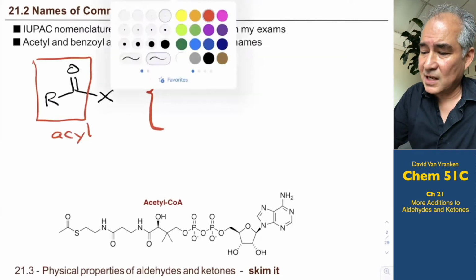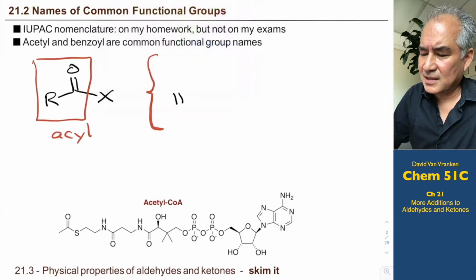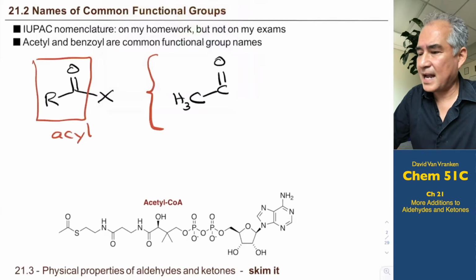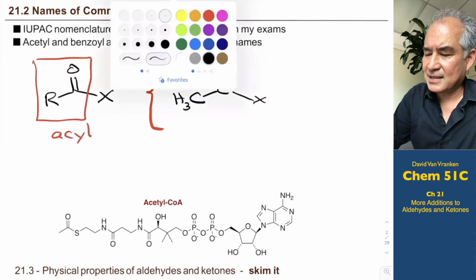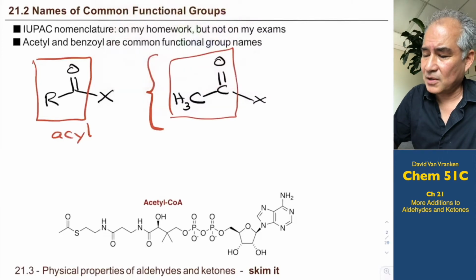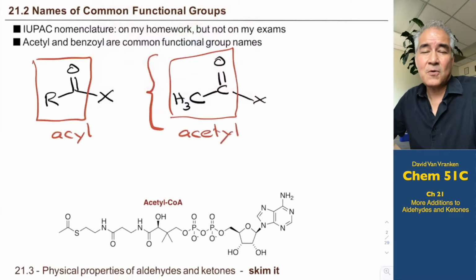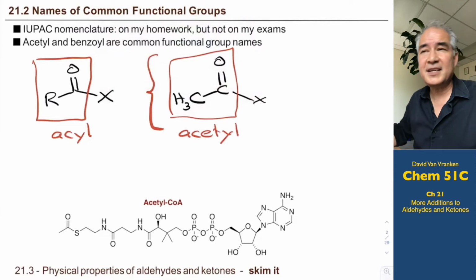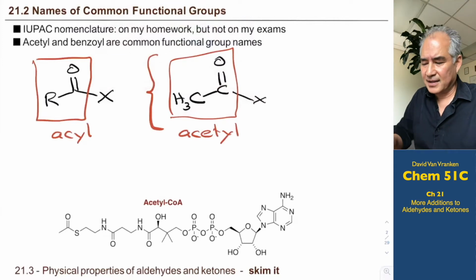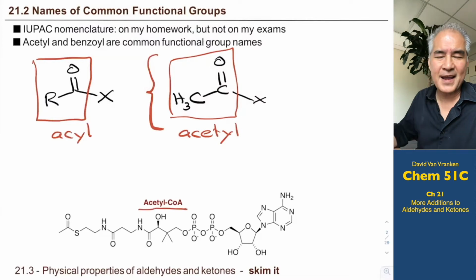So there's one particular acyl group which just has the simplest organic functional group, a methyl group. And this particular functional group is called an acetyl group. I expect you to know that is an acetyl group. So let me go ahead and circle that. That's called acetyl. It's kind of older nomenclature. And it's so common. If I say, hey, that acetyl group, you should know about that. You've probably seen this if you've taken a biochemistry class. You've probably seen a molecule called acetyl-CoA in the Krebs cycle.